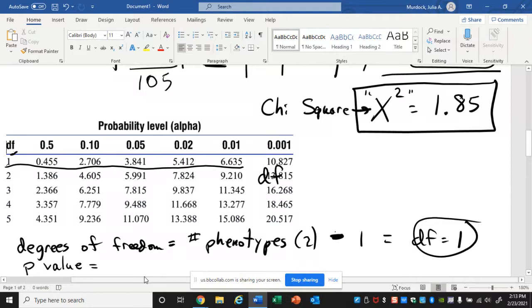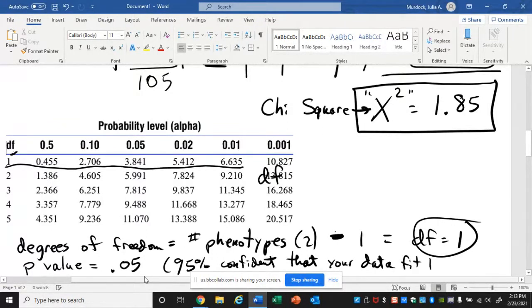Unless they tell you otherwise, you're always going to use 0.05, which means that you can be 95% confident that your data fit the expected.